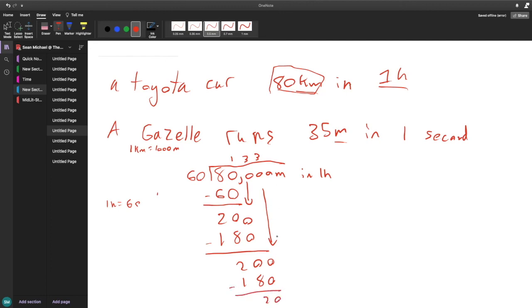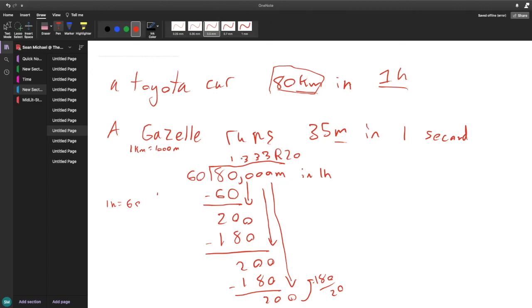And then we'll drop our last 0, and it'll be, again, minus 180. And that will be another 3. And then we'll be left with 20, and we can't drop anything down anymore, so we have a remainder of 20. And we could keep going, and it would be 0.333 for a long time.